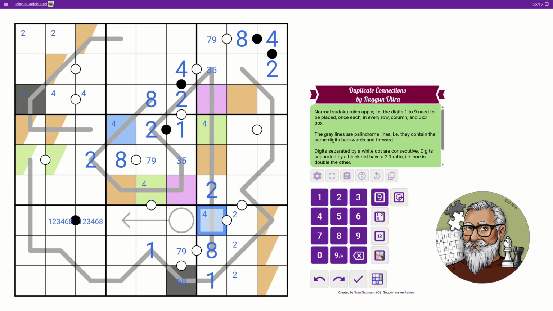Right. Okay. I need to figure something still. Can this one be 1? 1, 2, 3. No, this one can't be 1. So one of those is 1, and this becomes 1, 2. All right. So this is 1, this is 2. That's not 2. But this one is.